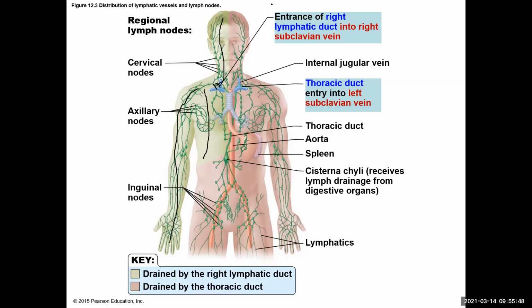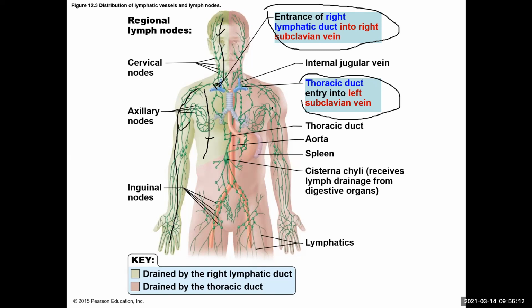That is all. So this right lymphatic duct's main job is to bring the lymph from the right side of the head, the right arm, and the right thorax, and bring that lymph into the vein.